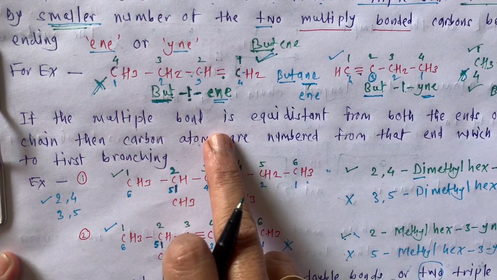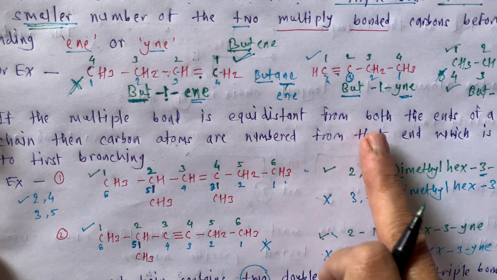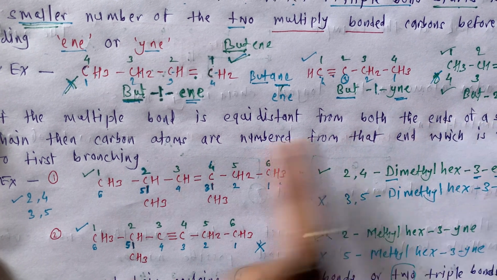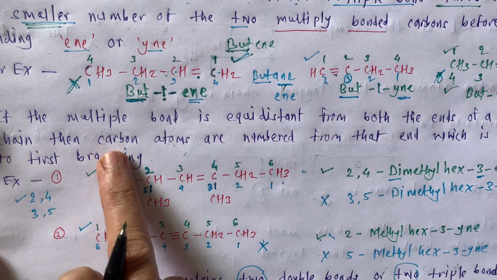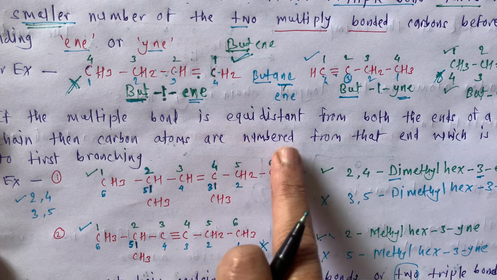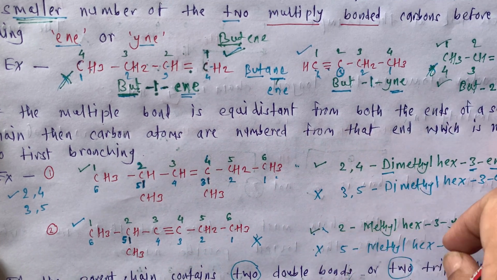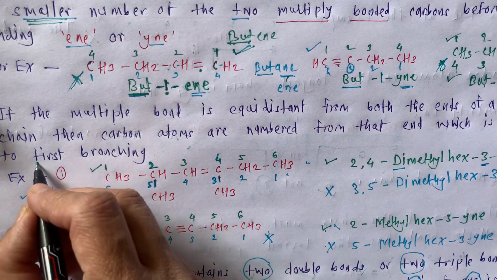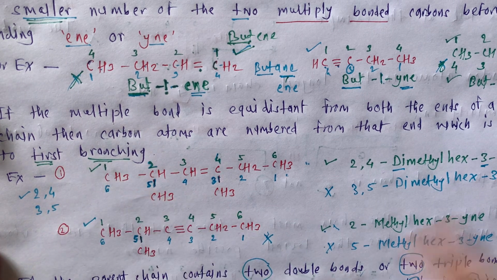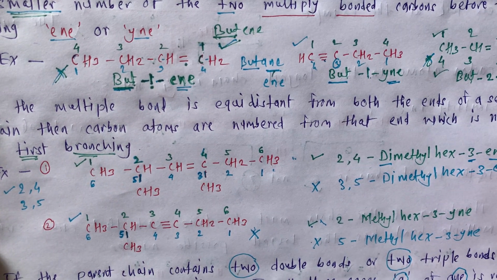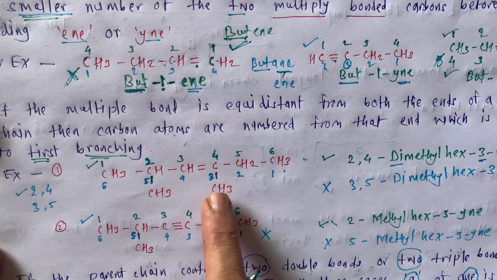Okay. Now next rule. If the multiple bond is equidistant from both ends of the selected chain, then carbon atoms are numbered from that end which is nearer to the first branching. See now, here it is the branching.